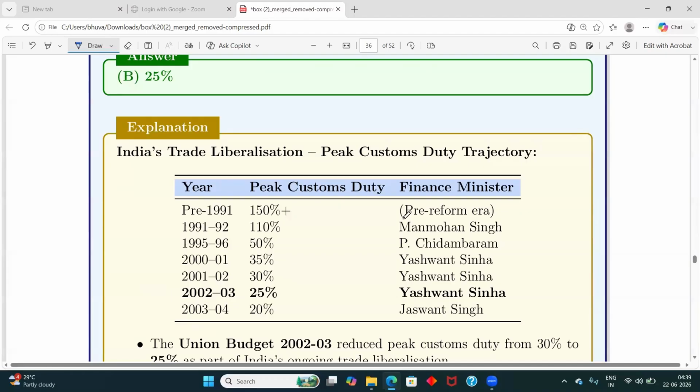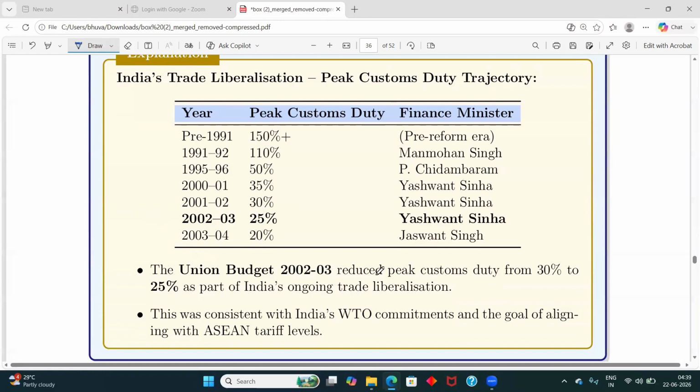In 2002 and 3, Yashwant Sinha, finance minister, and custom duty is reduced to 25. And 2003 and 4, 20%. Jaswant Singh, sorry. In 2001 to 2003, finance minister Yashwant Sinha. 2004, Jaswant Singh. Union Budget 2002 and 3 reduced peak custom duty from 30% to 25%.